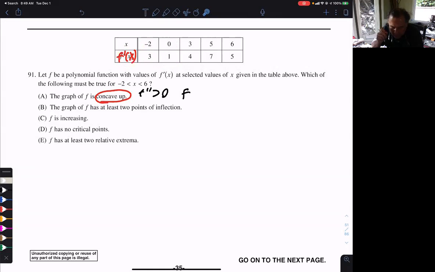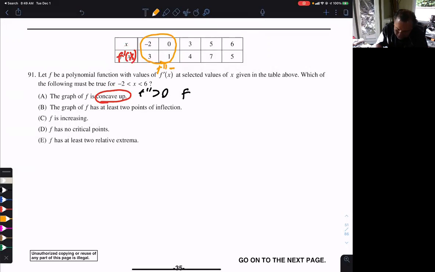Letter B. The graph of f has at least 2 points of inflection. Okay, let me walk you through this. If you find the slope between those 2 points, it's negative. By the mean value theorem, the derivative of this must be equal to that negative value. So I know at some point the second derivative must be negative.